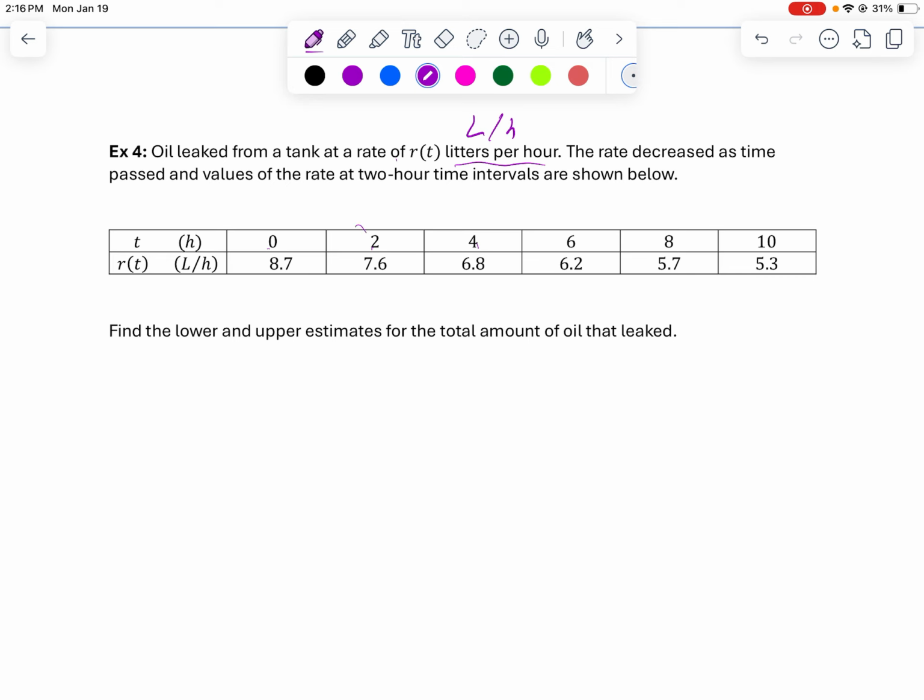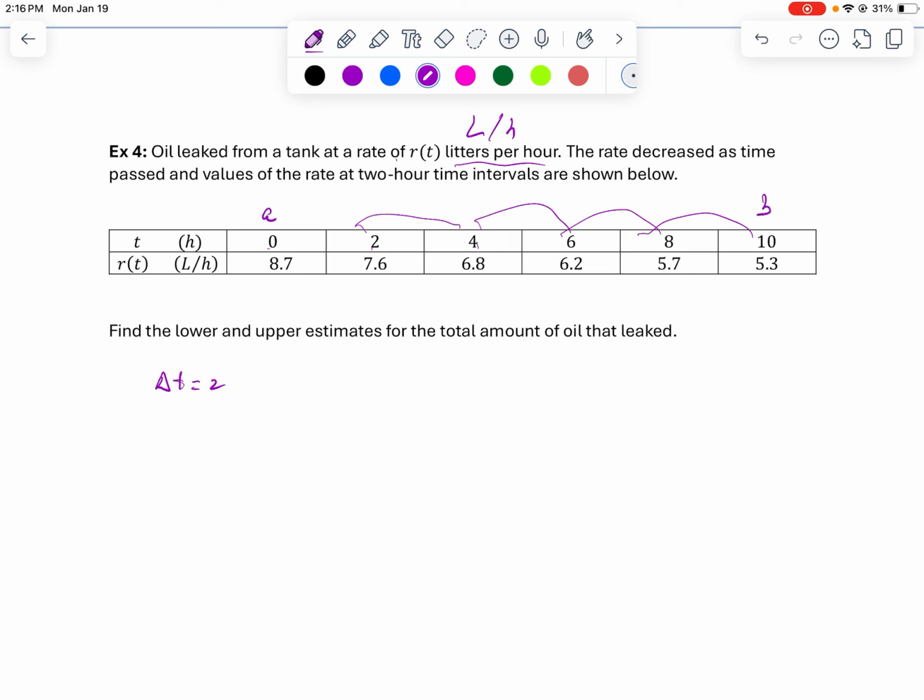Even if you do it as b minus a over n, you'll get the same thing. This is a and this is b, and we are dividing it into 1, 2, 3, 4, 5, 6 sub intervals.